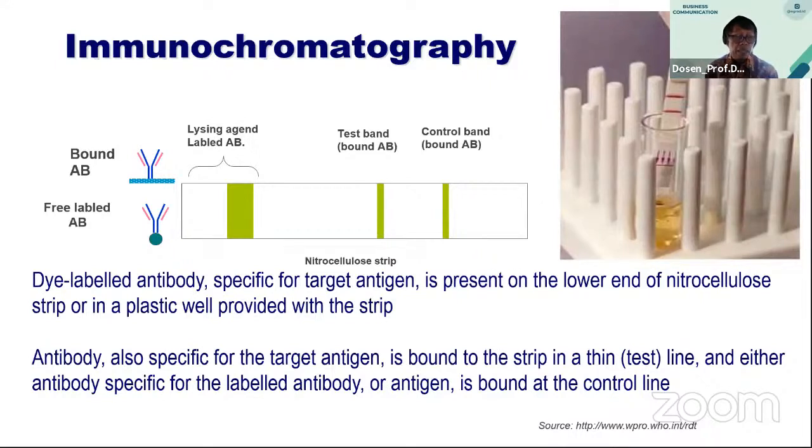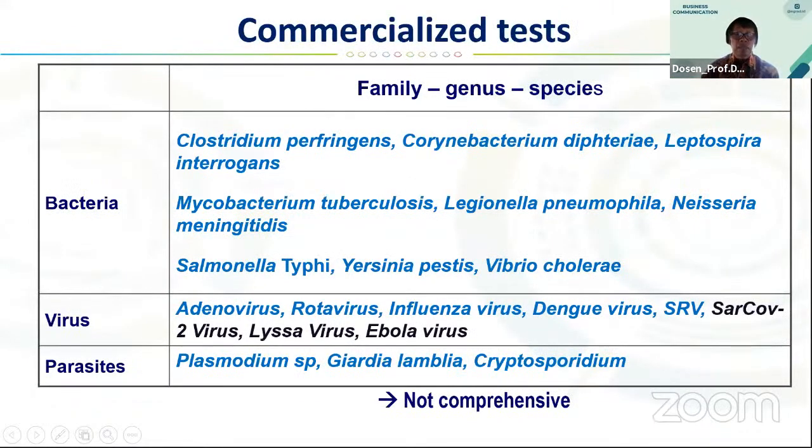At the beginning we had an antibody kit for detecting the SARS-CoV-2 virus, and now we have antigen detection and also PCR-based detection. So many different RDTs are already developed, and we can also find them in the market.